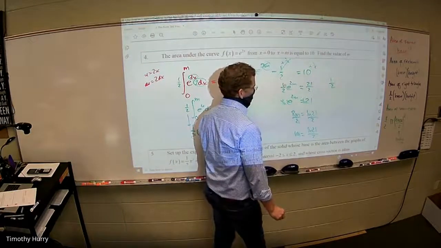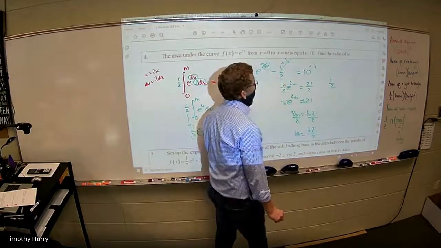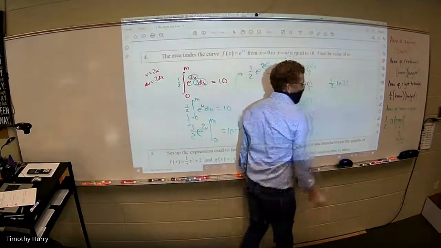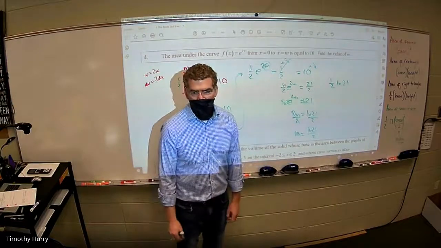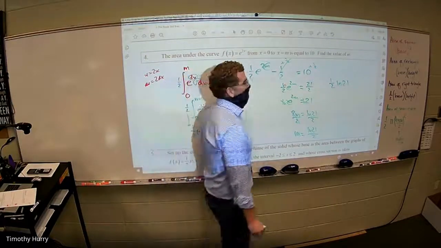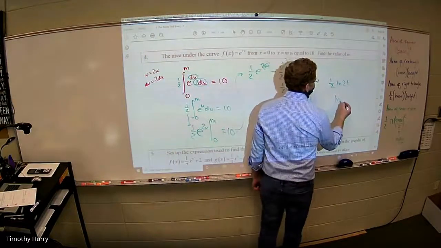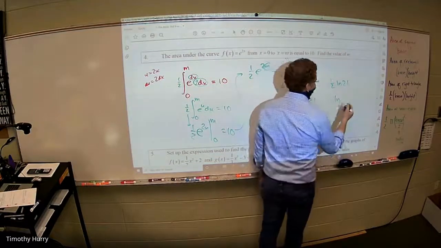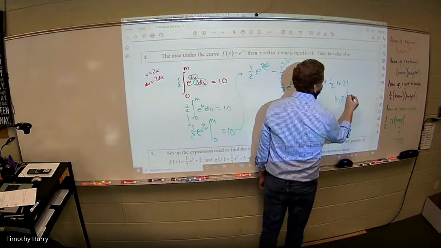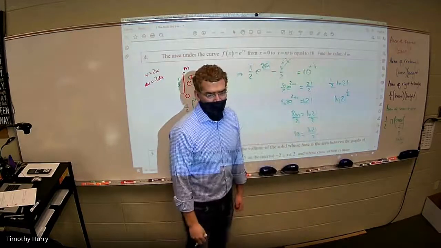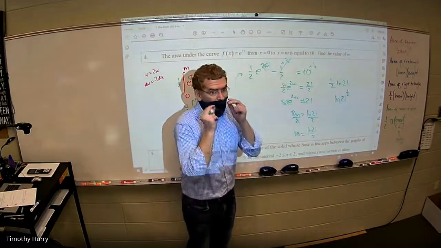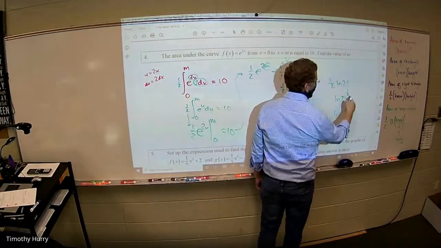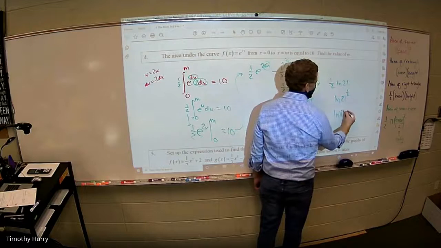How about 1/2 ln of 21? Isn't that possible? Yeah. Okay. How about ln of 20 plus 1? ln of 21 plus 1. Now it won't be that, but what could it be? ln of the square root of 21?